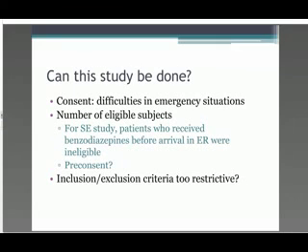Consent would be very difficult in an emergency room. Were there a number of eligible subjects necessary that could be pre-consented, for example, in the neurologist's office who were known to have seizure disorders, or were the inclusion-exclusion criteria too restrictive?